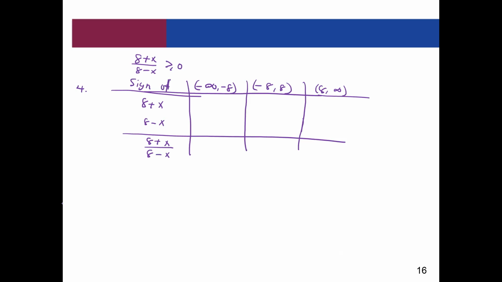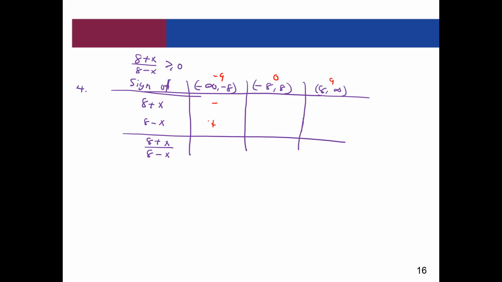We want to find the sign of this, so let's pick test values. For the first one, let's use -9 or -10. We can use 0 for the second one, and we can use 9 or 10 for the third. If x is -9, 8 plus -9 is negative, and 8 minus -9 is positive.